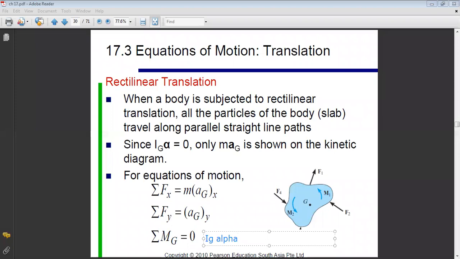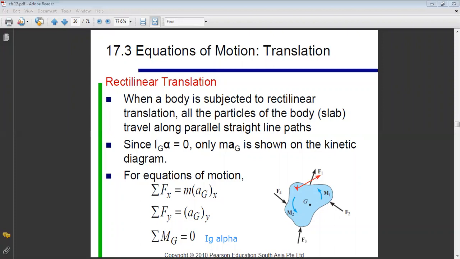But please pay attention. In translation, only sum of moment about G is 0, not about any point. Because if I consider any other point than G, for example point P here, then I cannot say that sum of moment about P is 0. Why? What is sum of moment about P in case of translation? MAGX times the distance. Very good.